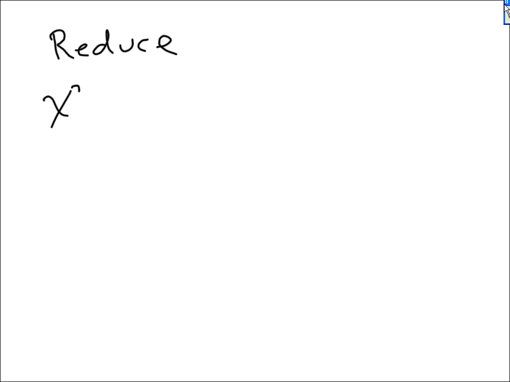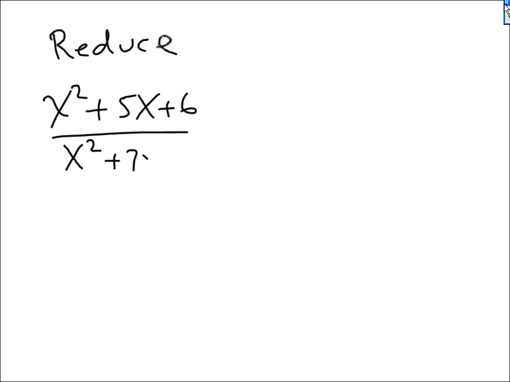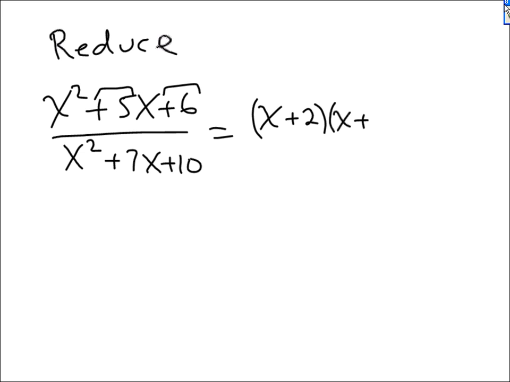If you have x squared plus 5x plus 6, and you divide this by x squared plus 7x plus 10, well, we can factor the top. Two numbers that multiply out to 6 and add up to 5 are positive 2 and positive 3.